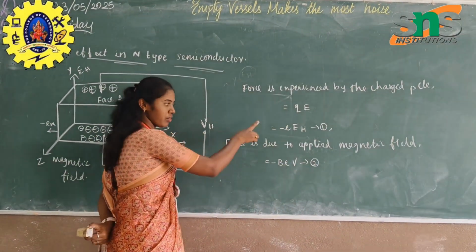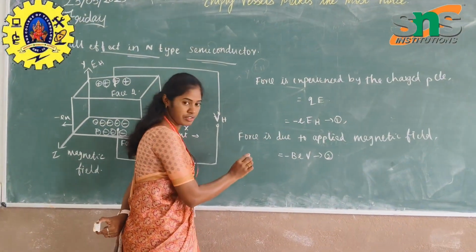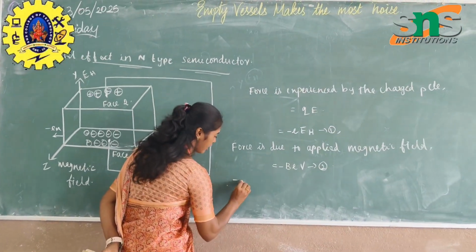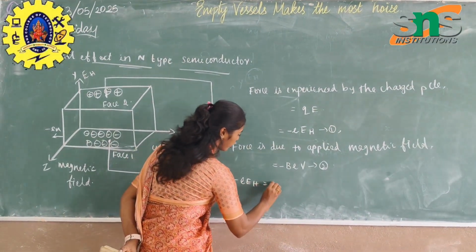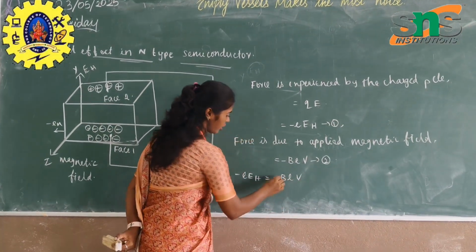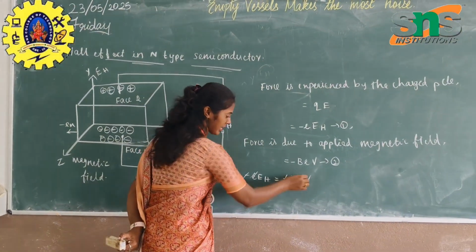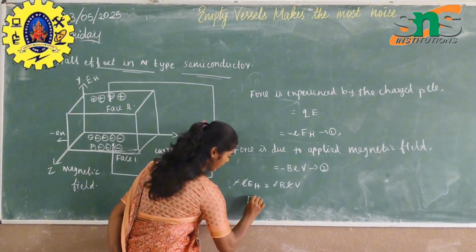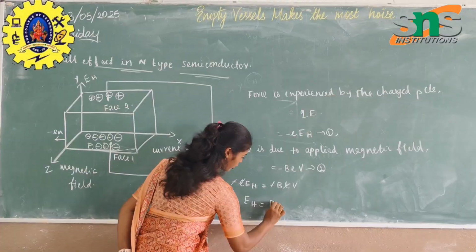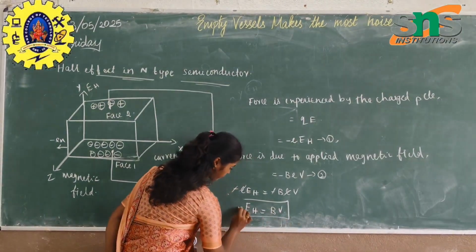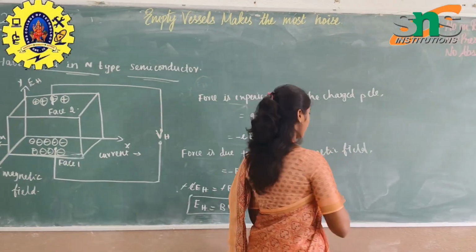Now equation 1 and equation 2 are both forces. Equating these two forces we get minus e EH is equal to minus e v B. The minus signs and e cancel, so EH is equal to vB.